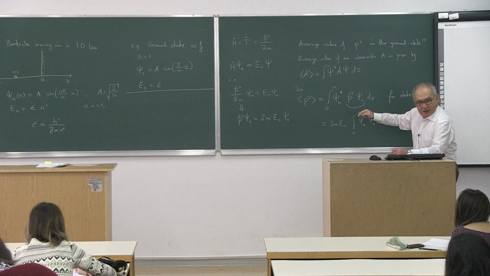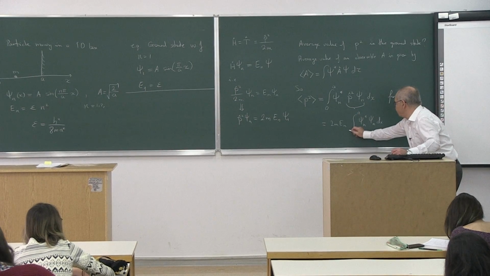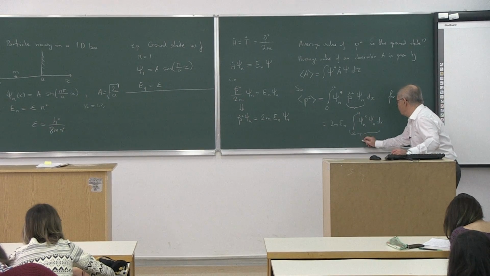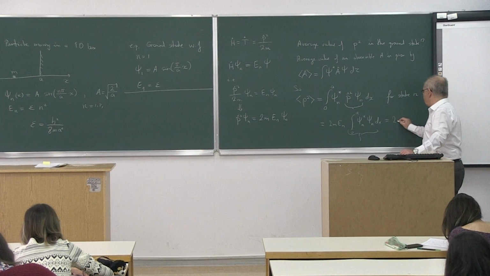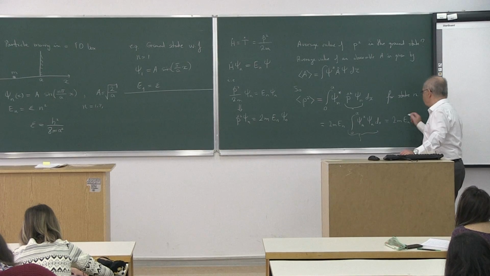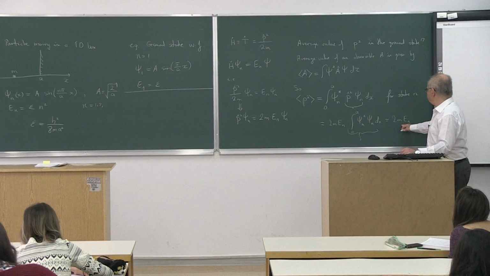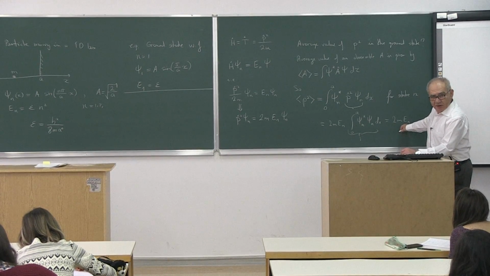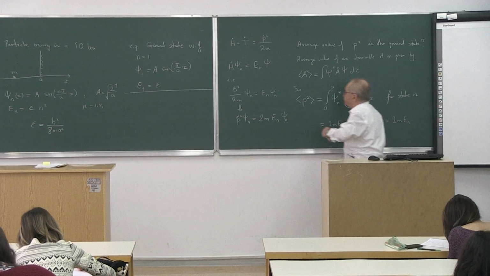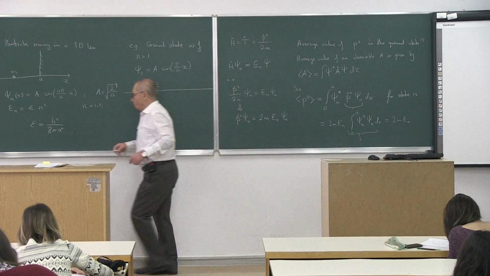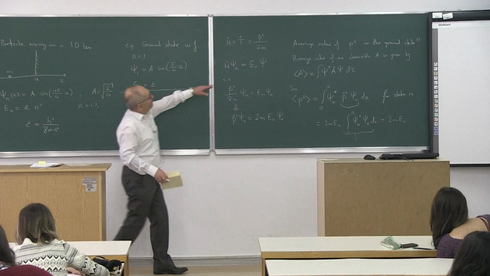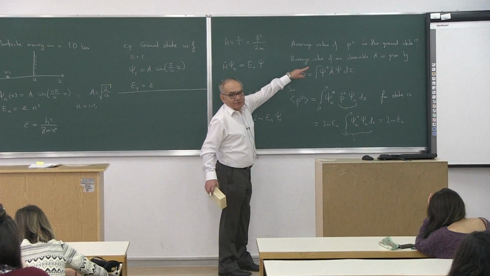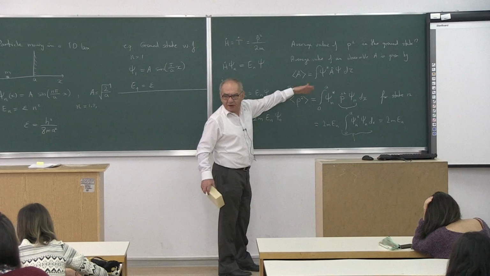All the wave functions are normalized. So the average value we are trying to calculate is simply 2 times m times energy. For the ground state, the question is asking us for the ground state, so we just put n equals 1.